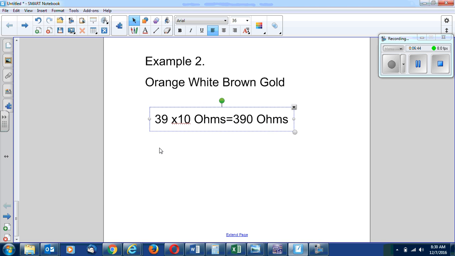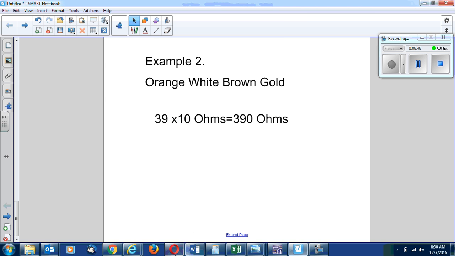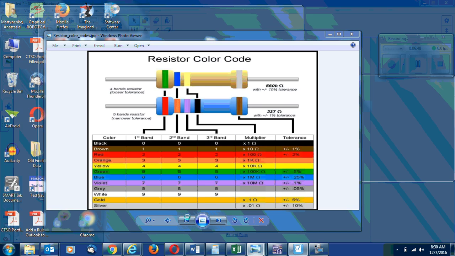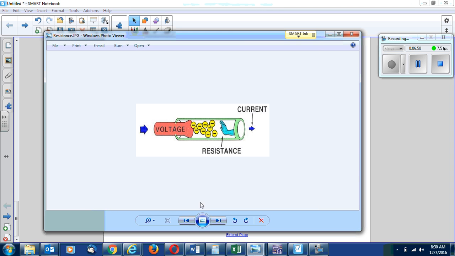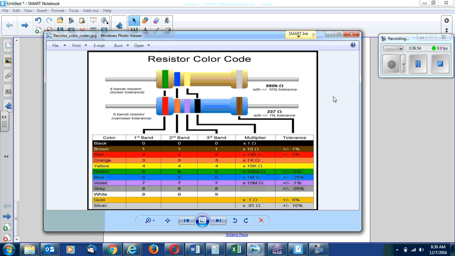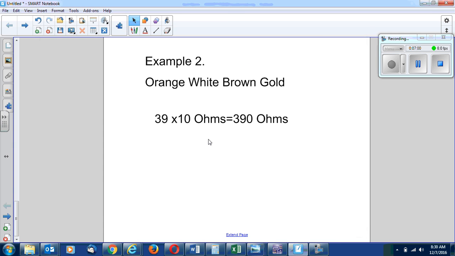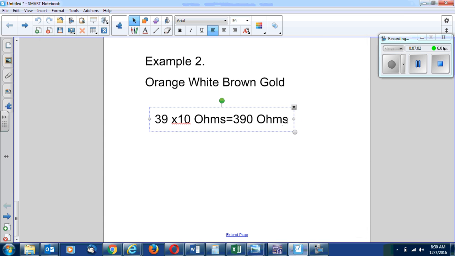And one last thing we need to figure out is the tolerance. When you look at the chart, you will see that gold is 5% tolerance. So it's 390 ohms with 5% tolerance.